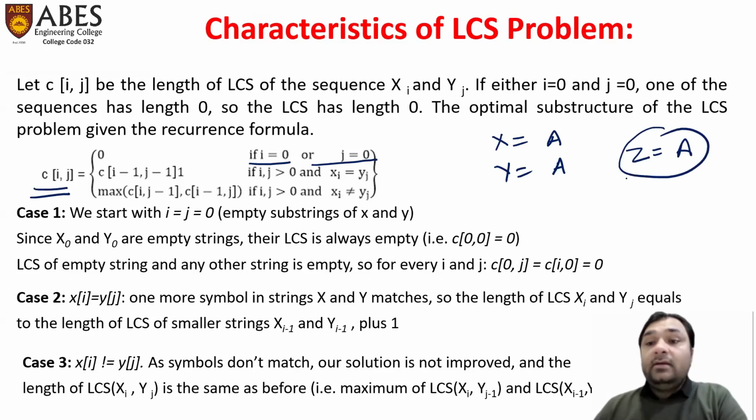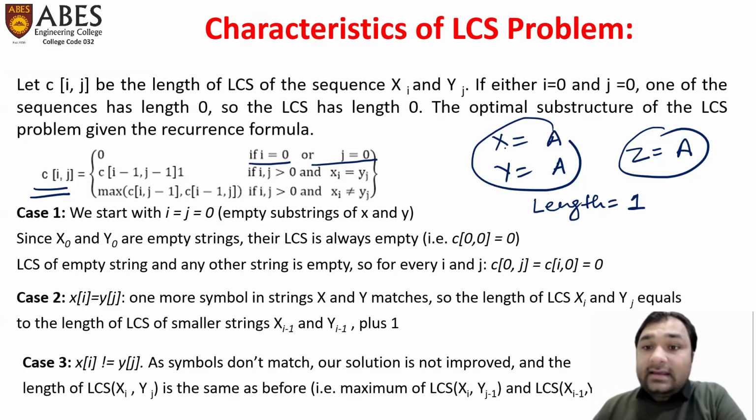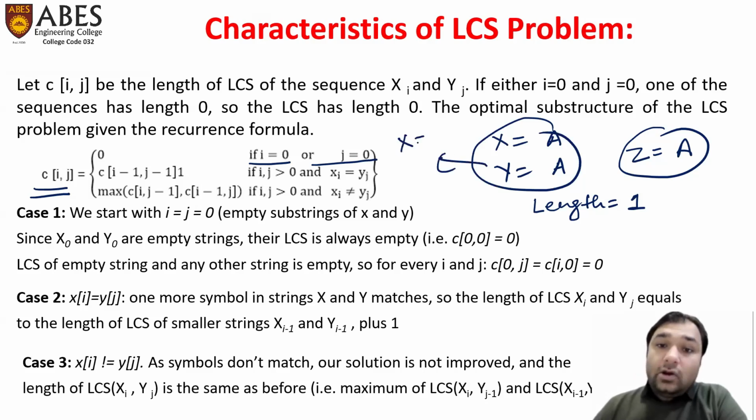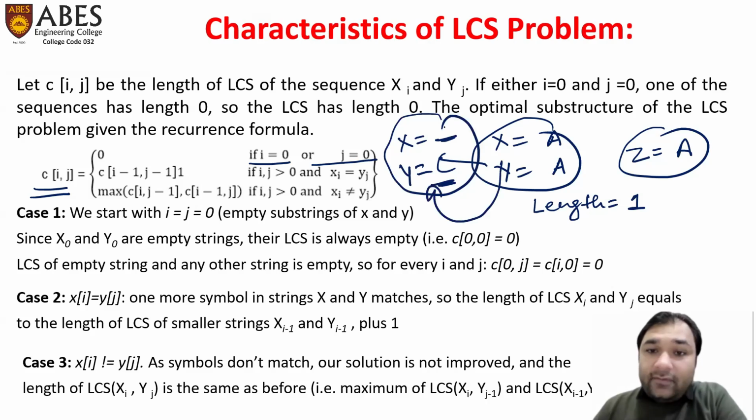This is the journey. First we will calculate the length, that is, the length will be 1. How will the length 1 be calculated? If X is equal to A and Y is equal to A, it will be carrying the data from the previous X and Y. That is, this is a problem and we are referring to this subproblem to solve it.